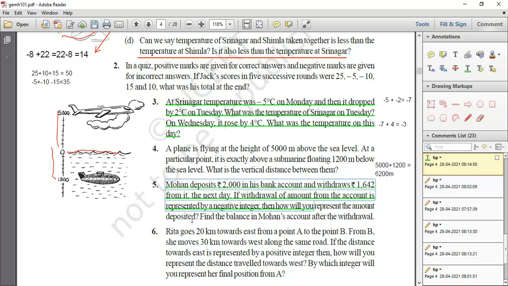And if you see here, you have to first check and represent them as negative integers.